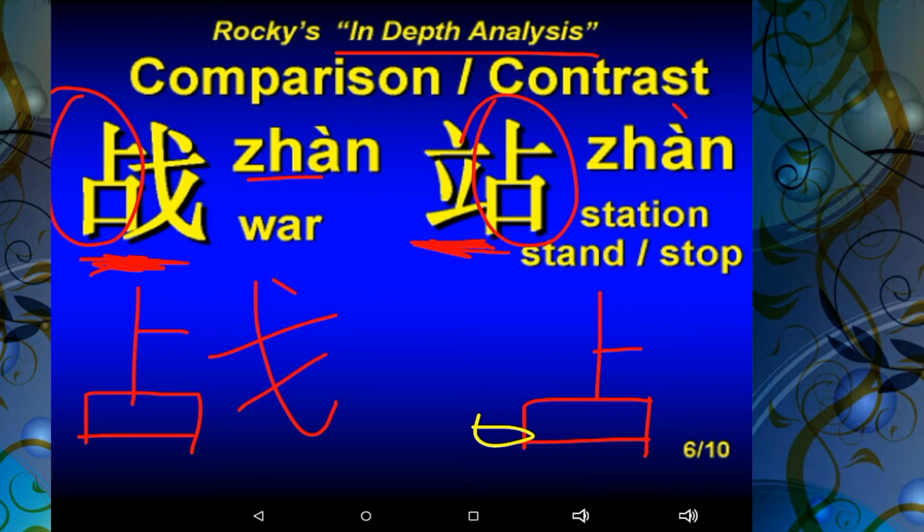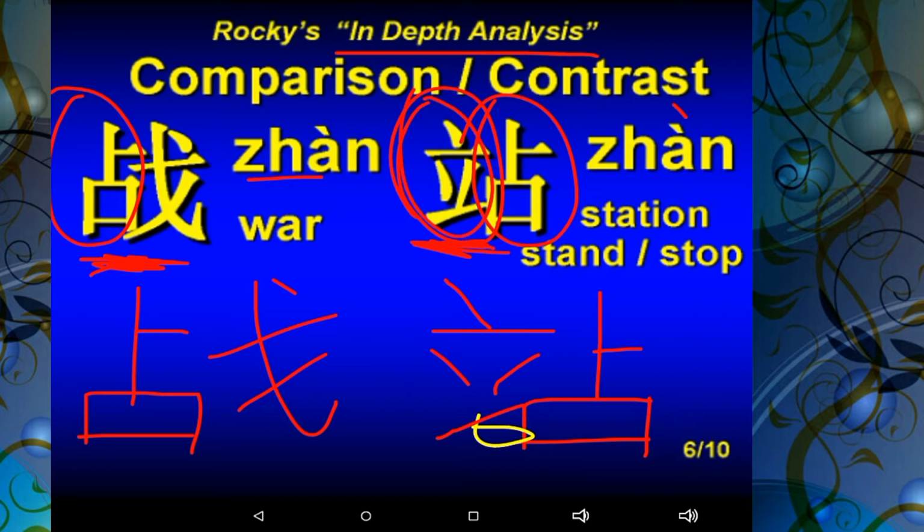Now let's look at the next character, or the 3rd character, and notice the stroke order. 1, 2, 3, 4, 5. Okay. This radical means to observe. It also means divineness, and it means to occupy. Okay, that's what this radical means.